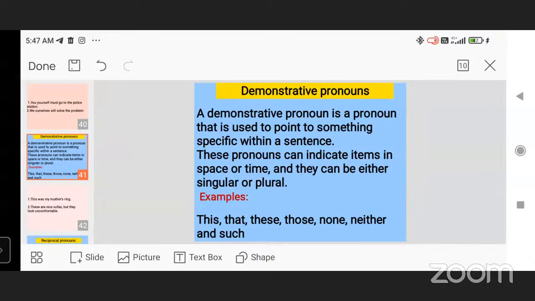So in this, which is the demonstrative pronoun? Tell me the answer. This is my birthday gift.